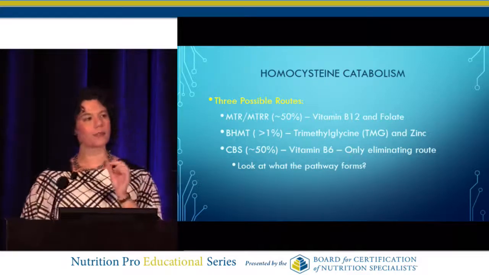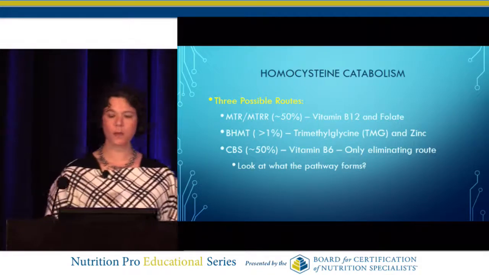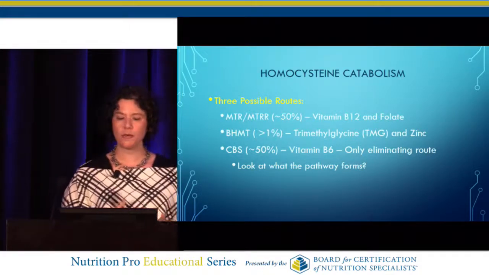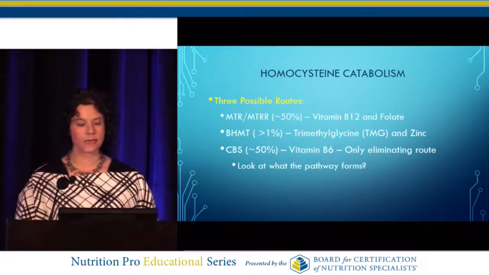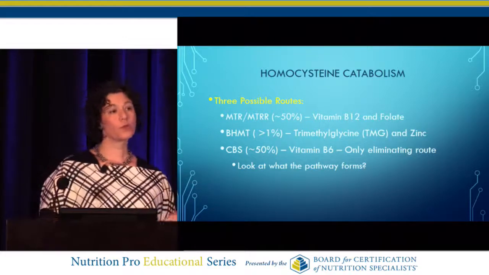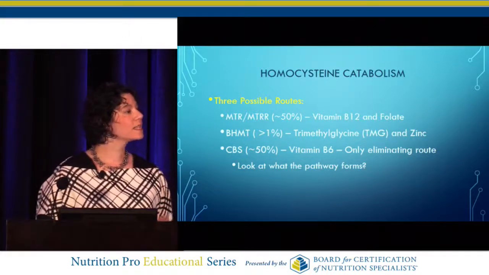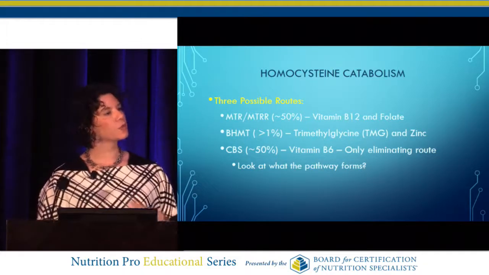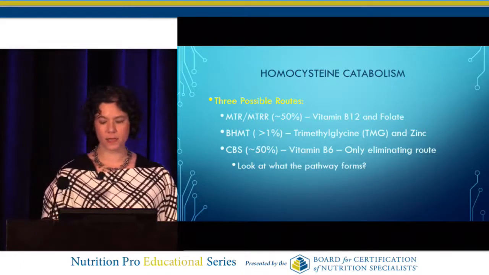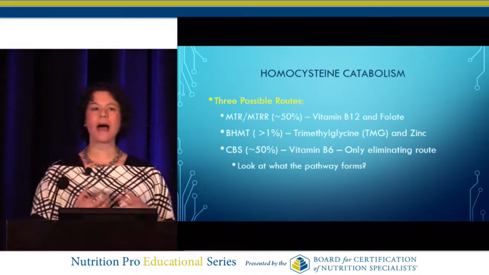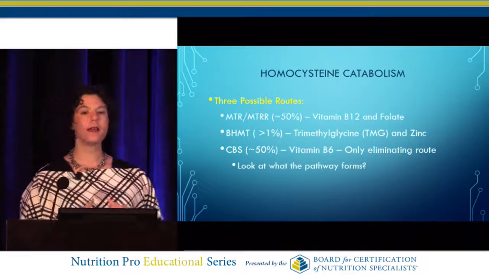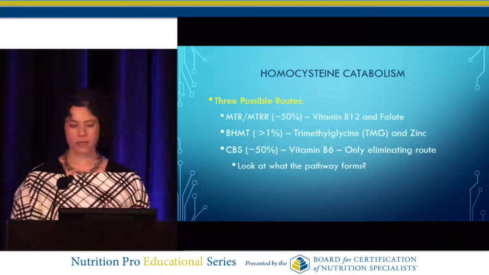So I like to take it down into bite-sized pieces, and we look at the 3 possible routes of homocysteine catabolism. Our first route is through methionine synthase and methionine synthase reductase, which is our B12 recycling system. This is going to account for about half of the way that we actually get rid of homocysteine.